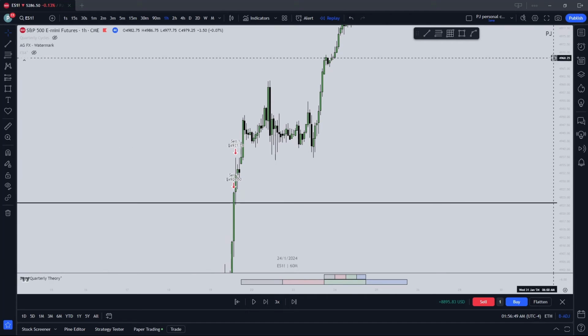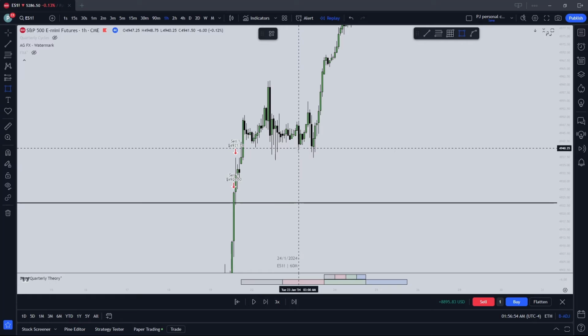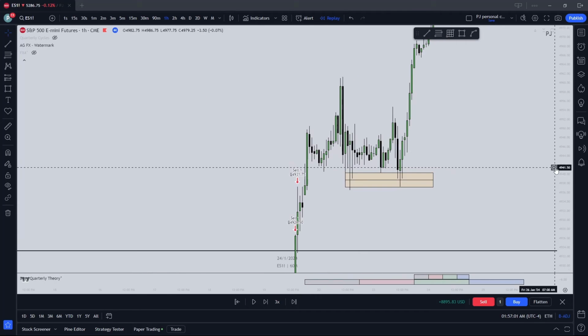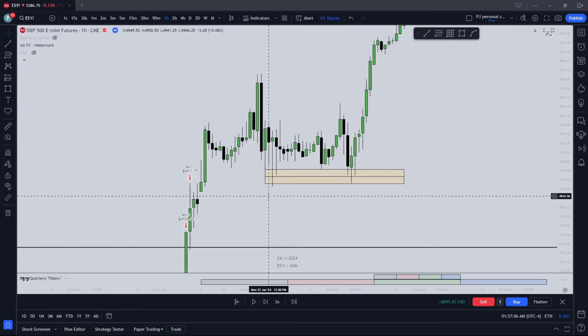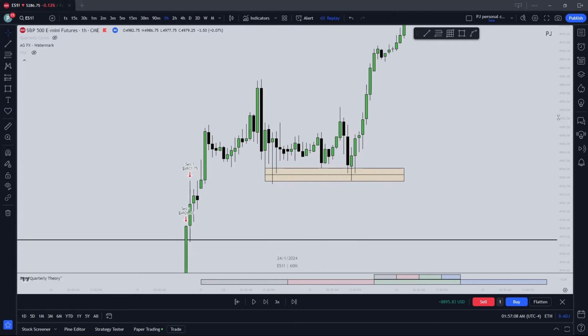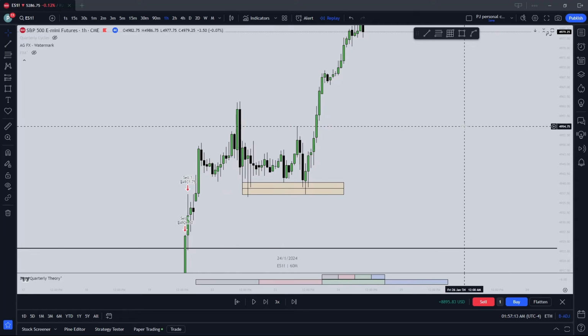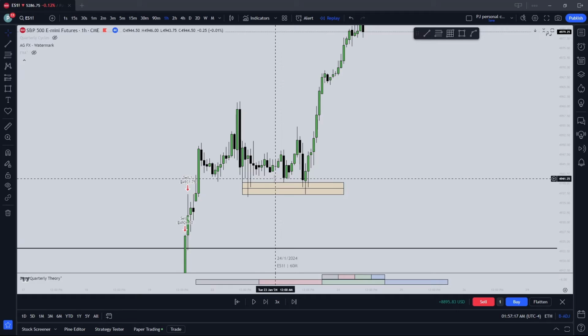And this in itself is a model, right? You're in the wick. We're going to go right here within the wicks, okay? And we close within and react bullishly. SMT here, even better, right? But yeah, it's rejection block, turtle soup.